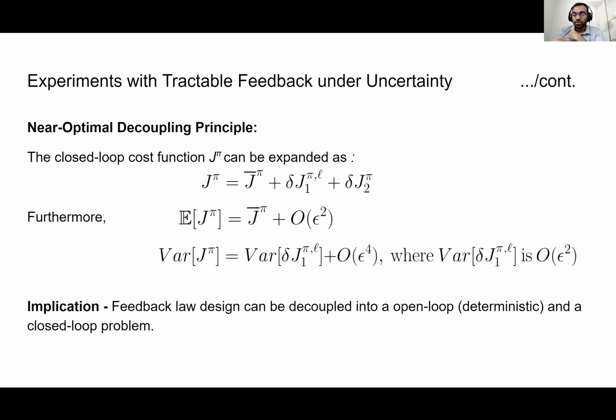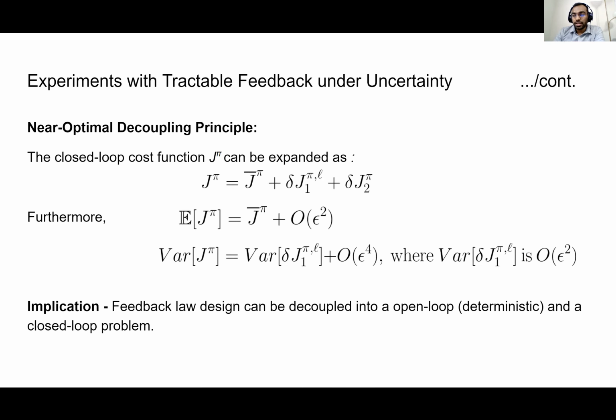As we have shown here, the near optimality of the perturbation feedback law can be shown using this decoupling principle, which states that the expectation of the cost-to-go function is determined by the nominal trajectory, and the variance of the cost-to-go function is determined by the linear feedback. The implication is that the feedback law design can be decoupled into an open loop problem and a closed loop problem.